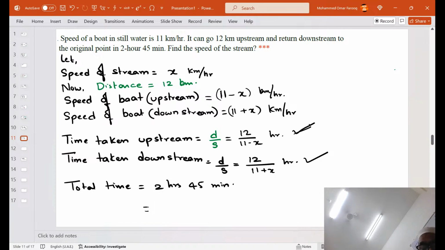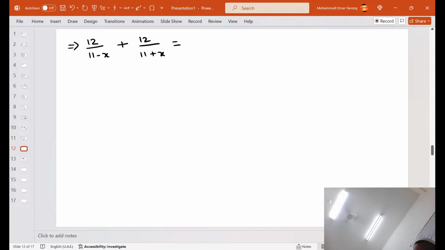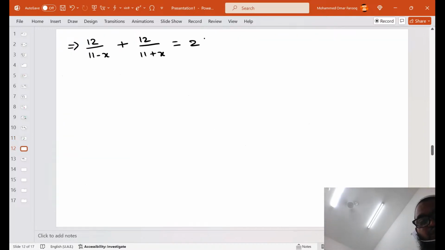So everything is in hours. So we have to change this 45 minutes also into hours. So how will you change? 45 divided by 60 minutes. Is it right? So can we write it as 3 by 4? So that means 2 3 by 4 hours.